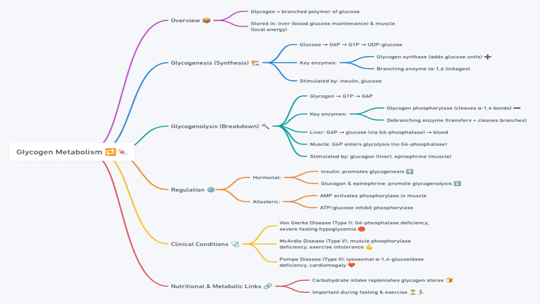For the mind map on glycogen metabolism, we'll try and brainstorm and remember the general aspects of glycogen, the pathway of glycogen storage, UDP glucose formation, enzymes involved in glycogen synthesis, and also the pathway of glycogen degradation, the structure and properties of glycogen, the synthesis of UDP glucose and its role as a precursor in a number of metabolic pathways, including glycogen synthesis, and also the steps and enzymes involved in glycogen synthesis and degradation.